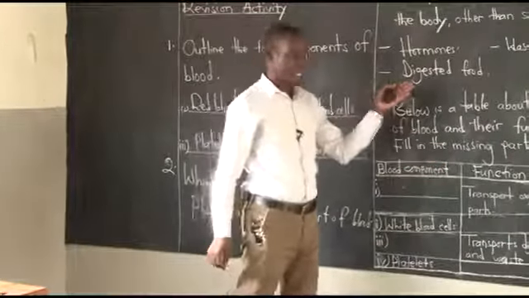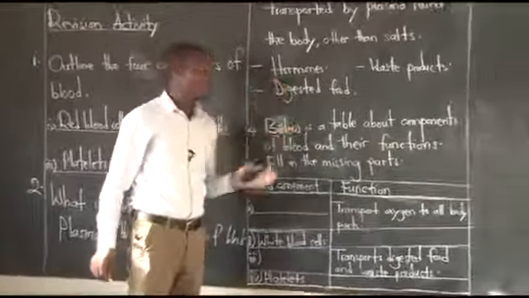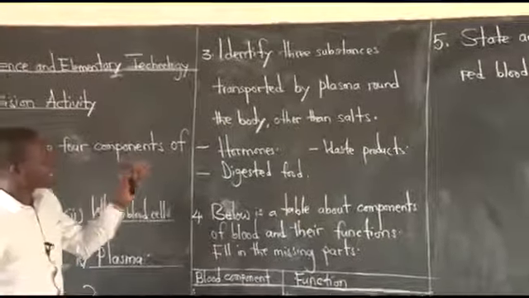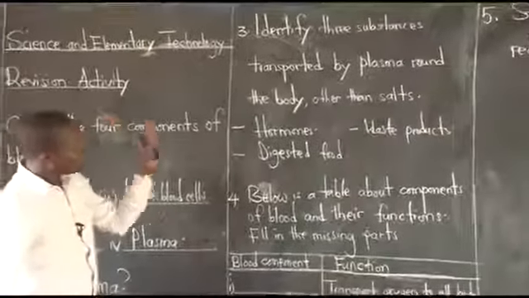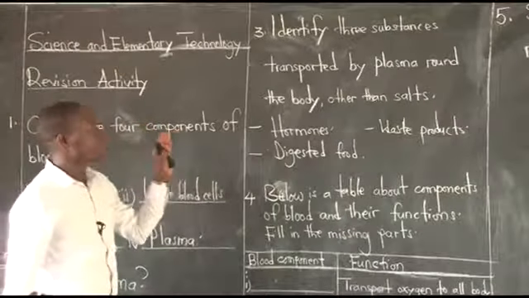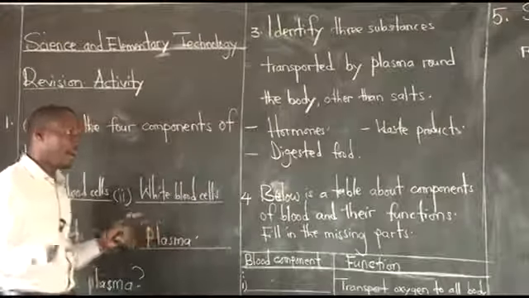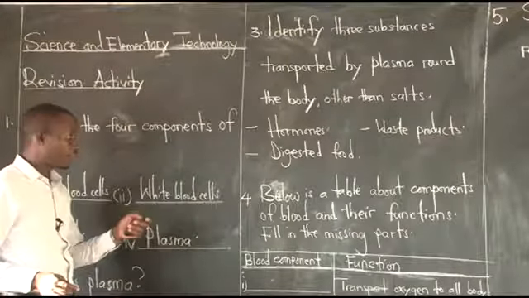So we are asked to identify 3 substances that are transported or carried by plasma around the body, other than salts. Majorly we have the hormones.